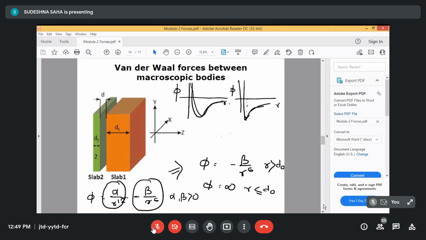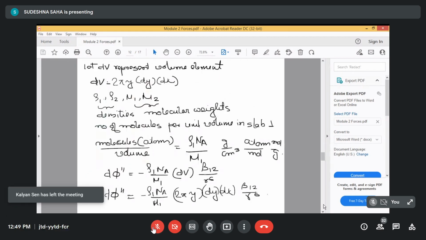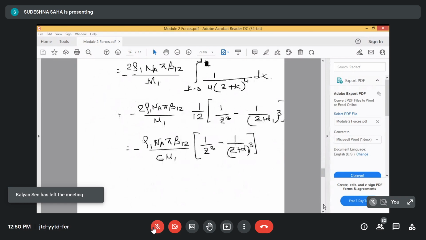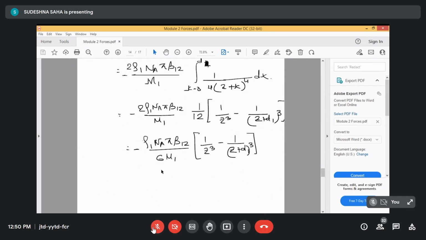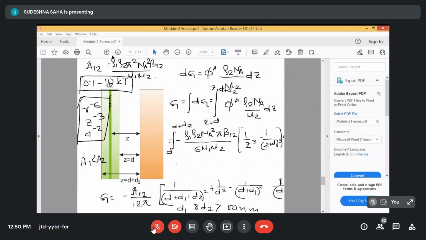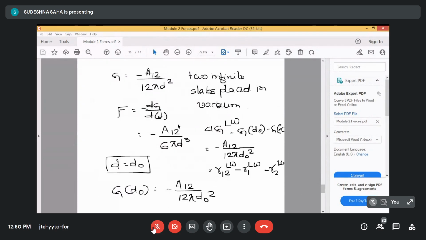To calculate this, we did this whole derivation, and ultimately we derived this equation over here, which is nothing but our Hamaker constant. Then we went further and wrote g d naught equals minus A12 by 12 pi d square d naught square, and for delta g lw we have written like this.